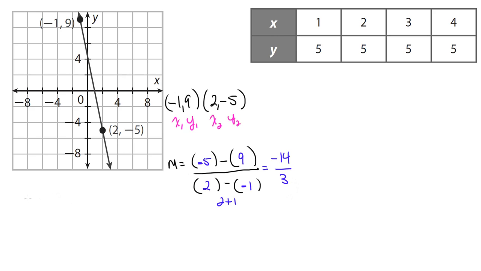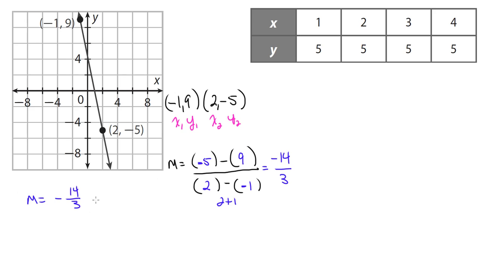So the slope of this line is -14 over 3. And once again, you do not need to write it as a mixed number as long as it is in simplest form, which this is.